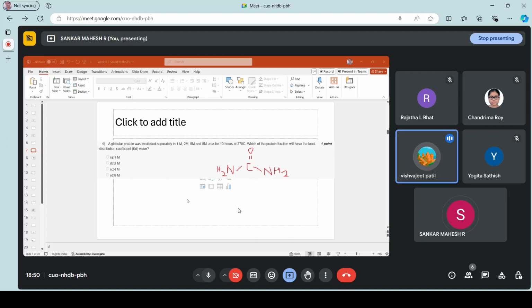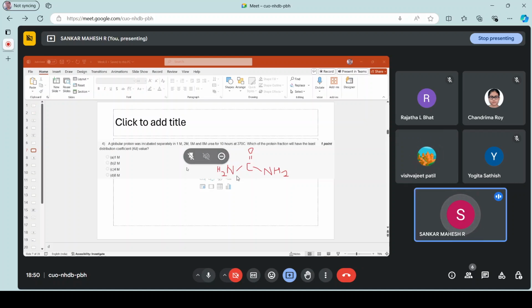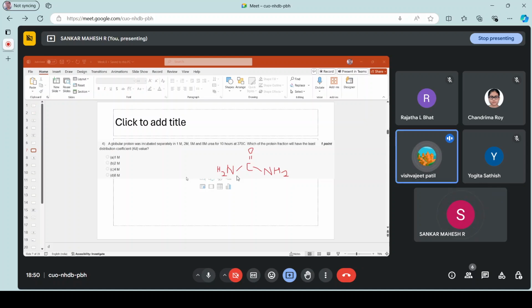So it would bind to it. It would form some interaction between protein and urea. Yeah. So where do you think NH2 will interact? NH2 is positive, depending on the pH, but majorly it's positive, right? It would interact with carboxyl groups, right?